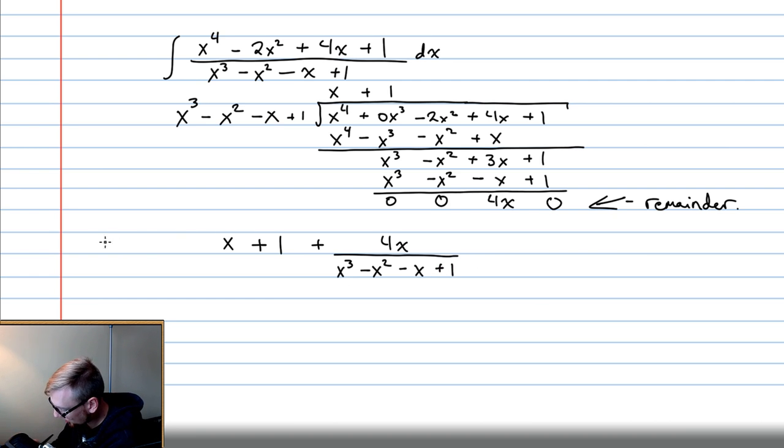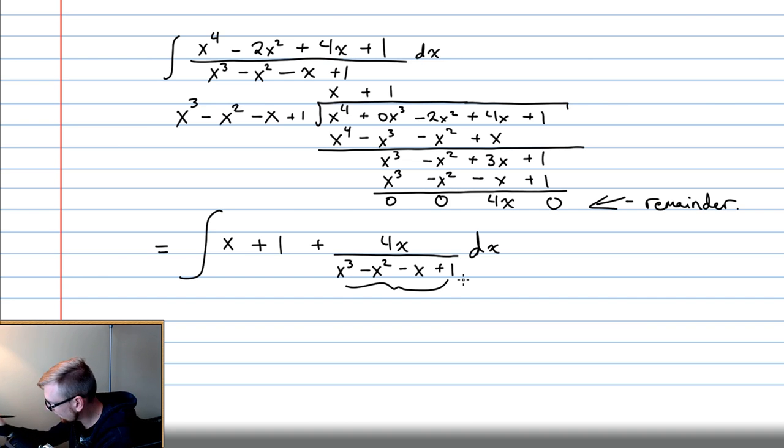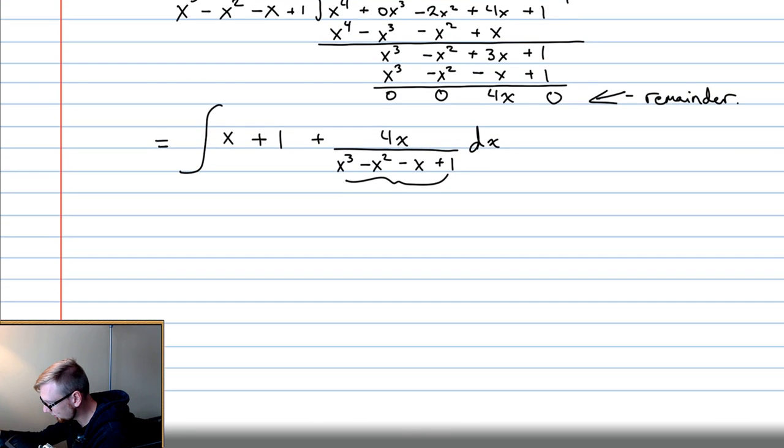Okay, okay. So our integral, and now we're doing this integral with respect to x. Now we have to factor this denominator, because this is still really confusing. So let's figure out how we can factor this.